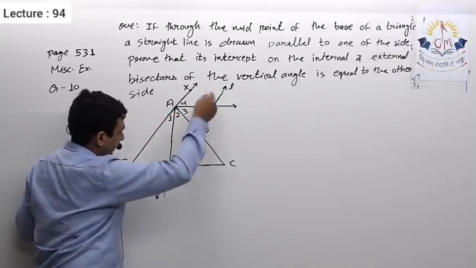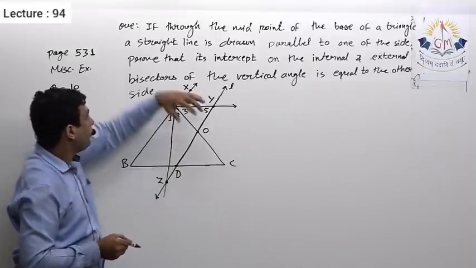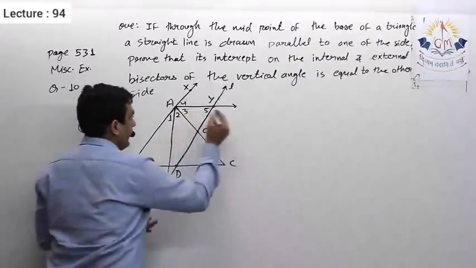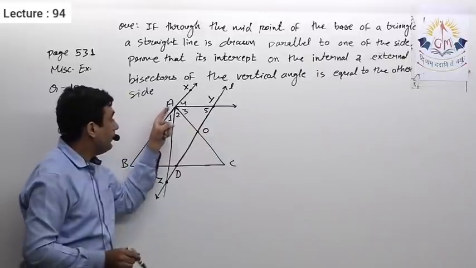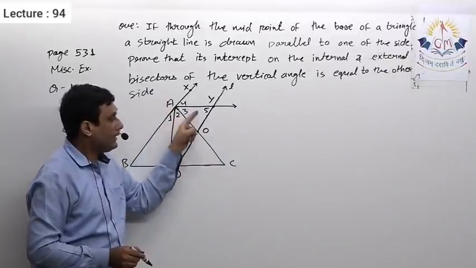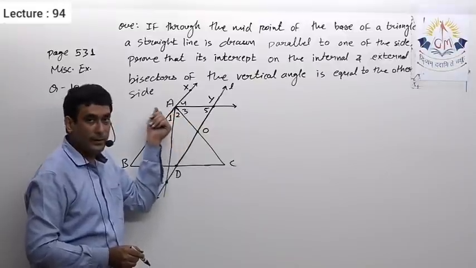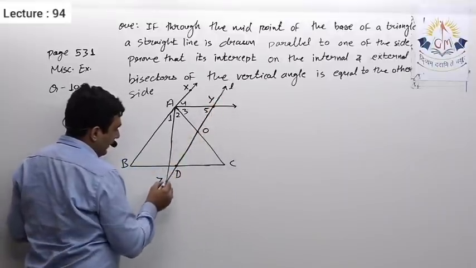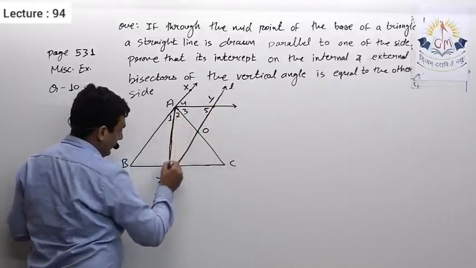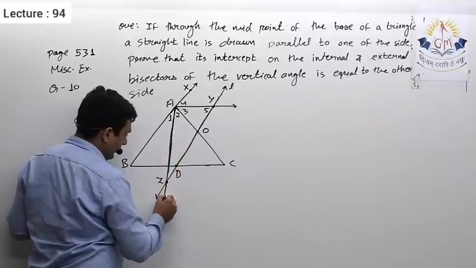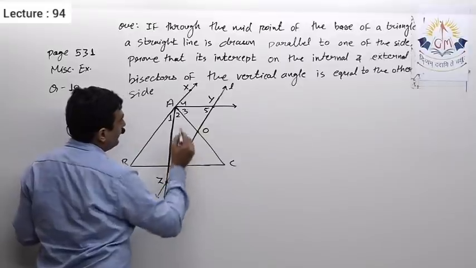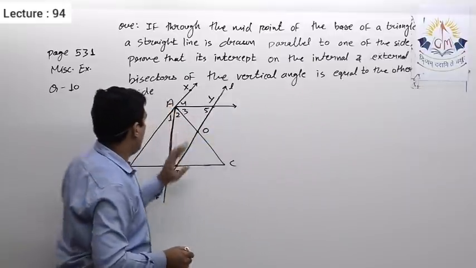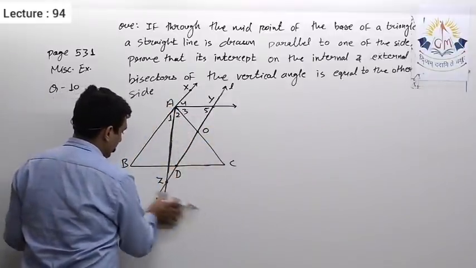Then what we have to prove is that its intercept, that means the part of this line which is between the bisectors of the vertical angle, internal bisector as well as external bisector. So this line L and its intercept between this internal bisector and external bisector is YZ, then we have to prove that that intercept is equal to the other side, here it is AC.